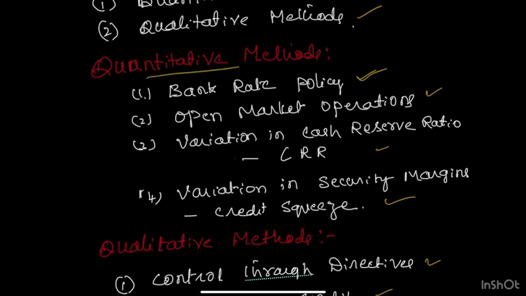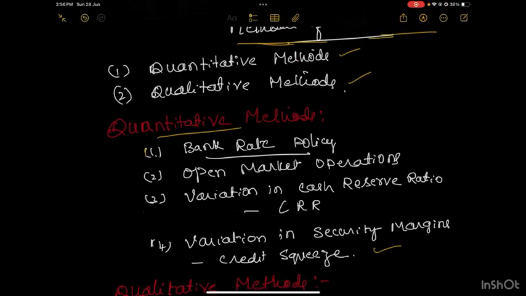So under the quantitative methods, we have bank rate policy. Bank rate policy represents the interest rate at which loans are granted. The rate of interest will be varied, that will be changed as and when required to have a control over the inflation.